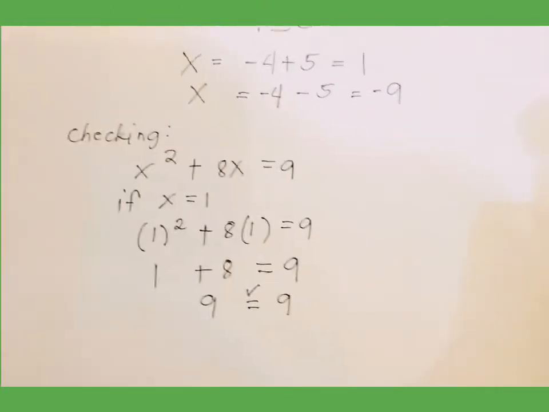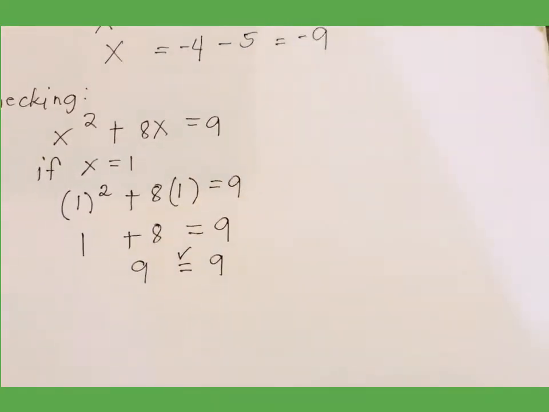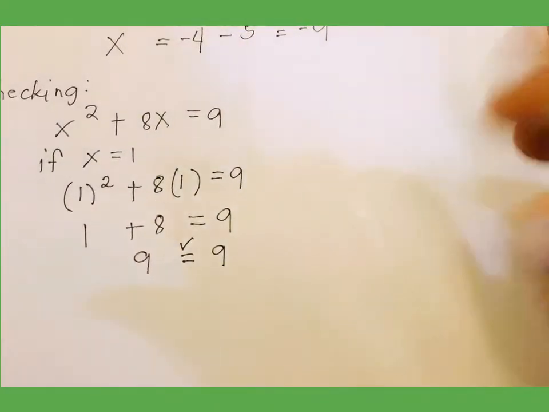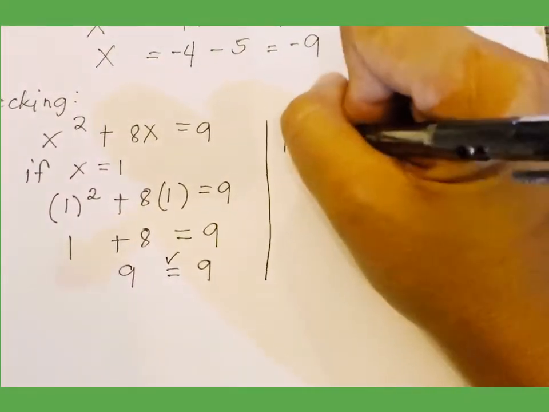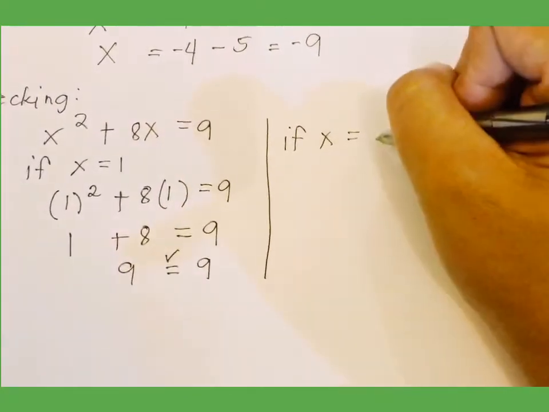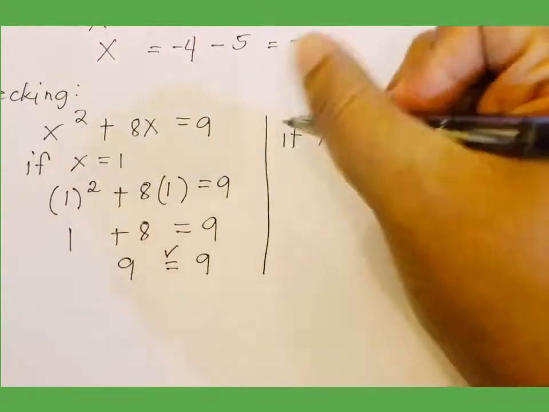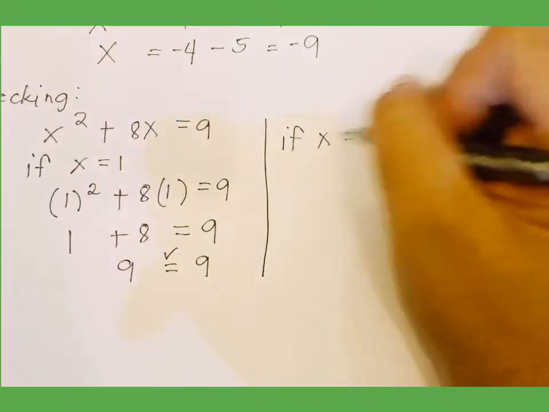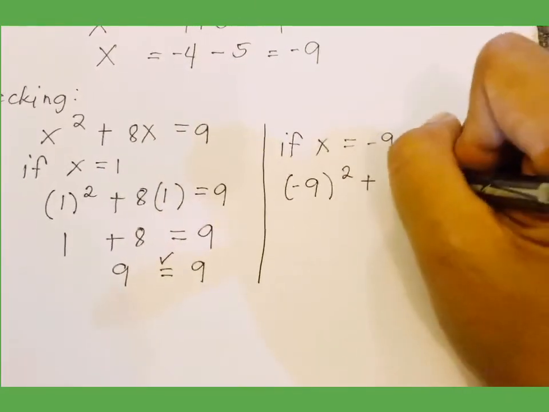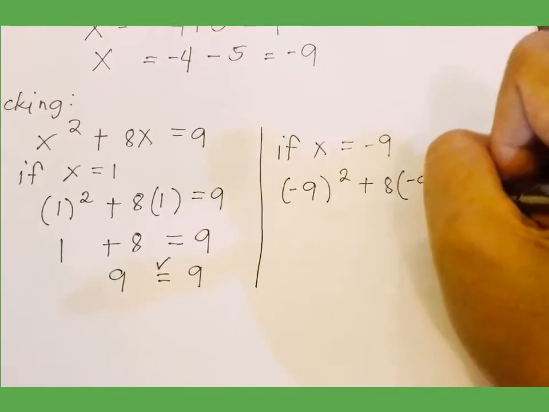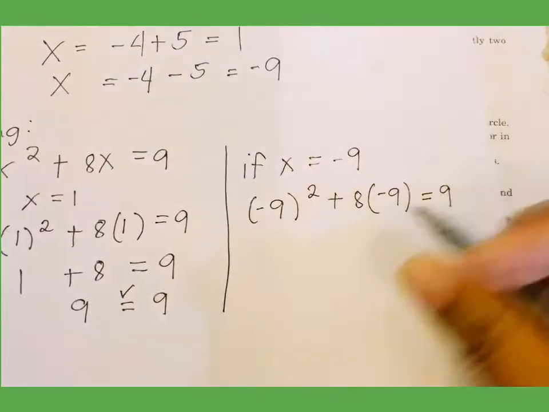Now we're going to check whether x equal to negative 9 is a solution to the equation. If x is equal to negative 9, we substitute it as we did earlier. So (negative 9) squared plus 8 times negative 9 equals 9.